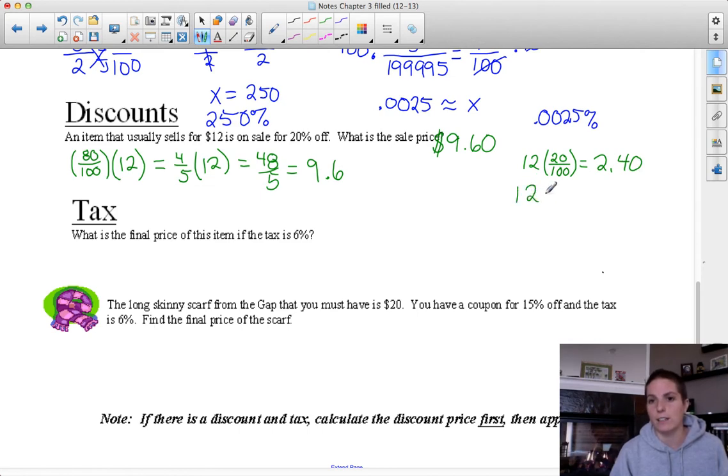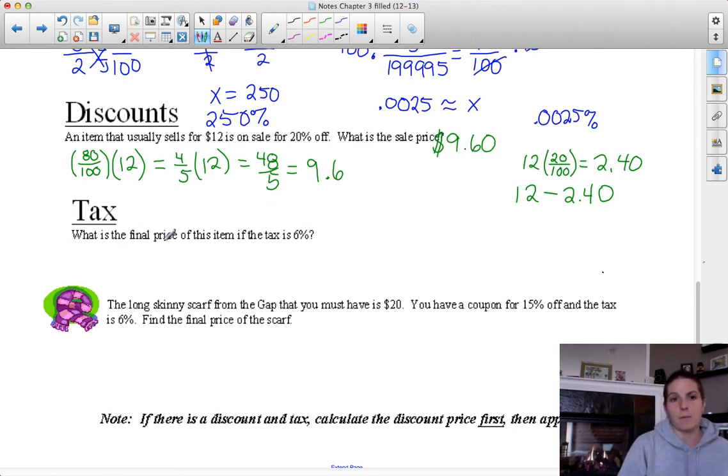So $12 minus the $2.40 to get the exact same answer. So either method, it's just a matter of how you want to show your work, because I know you should be able to do some of these basic ones in your head.